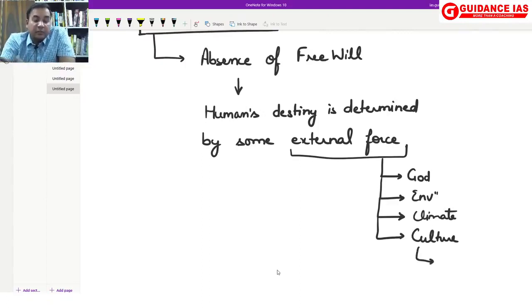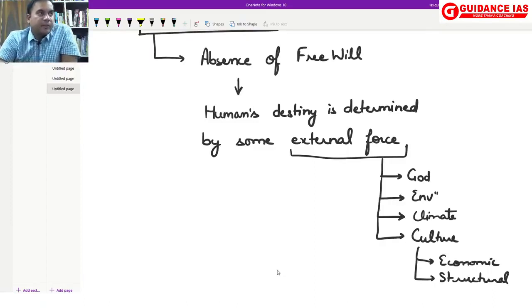And out of culture, I can take other things, like one aspect of culture is economic. It can also be an economic force which is determining my activity. Today in the era of capitalism, we'll see. Yes, it can be political determinism. We can write it as structural determinism. Okay, so it can be structure as well. So it can be many things.